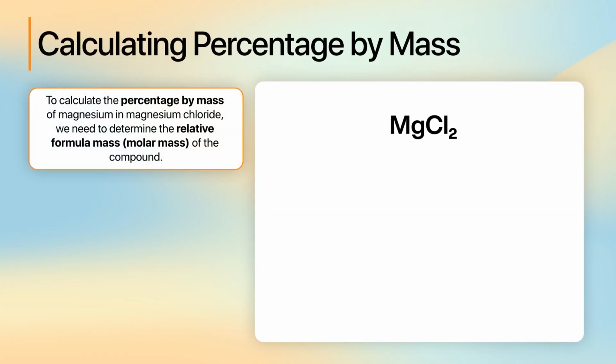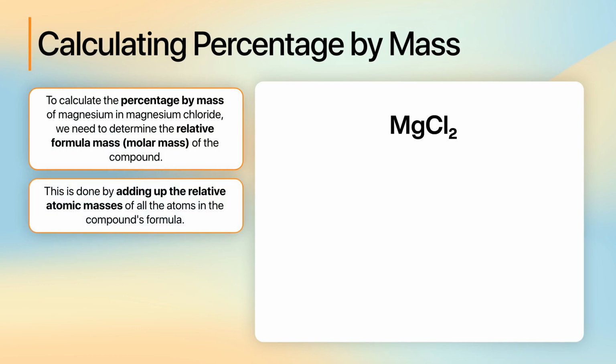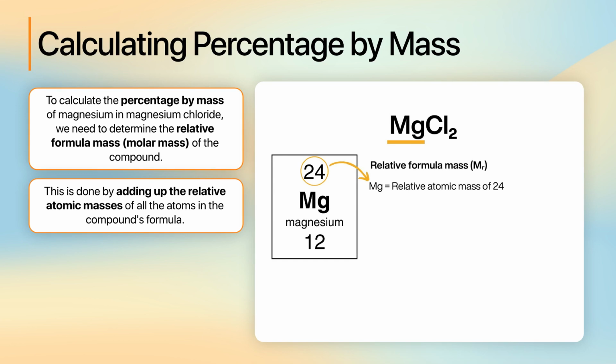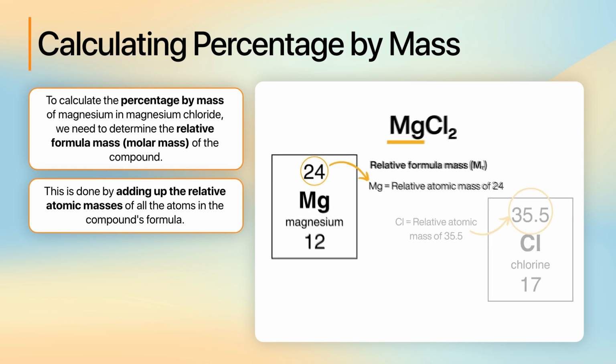To begin, we need to determine the relative formula mass, molar mass, of the compound. This is done by adding up the relative atomic masses of all the atoms in the compound's formula. We know from the periodic table that magnesium, Mg, has a relative atomic mass of approximately 24. We can also see that chlorine, Cl, has a relative atomic mass of approximately 35.5.